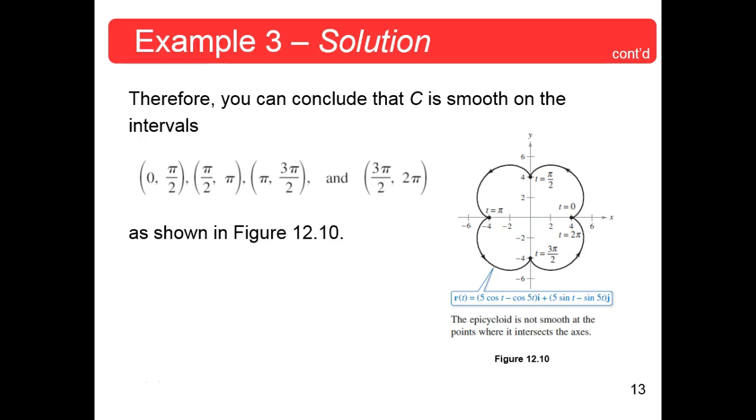Same ones we just came up with. And you see this is indeed where your derivatives are not continuous, because it's not smooth there, it's pointed. So those are the places your epicycloid is not smooth, where they intersect the axes at those points.